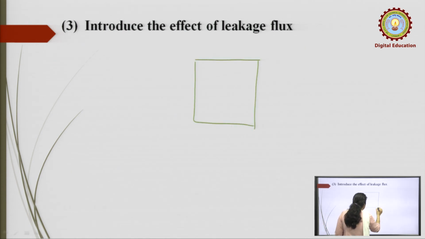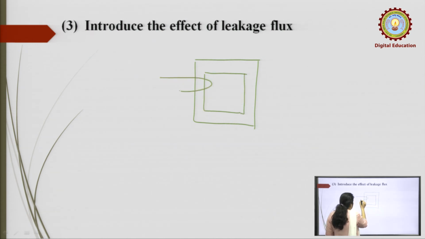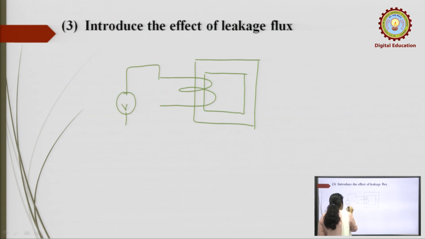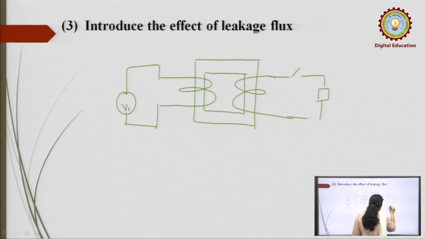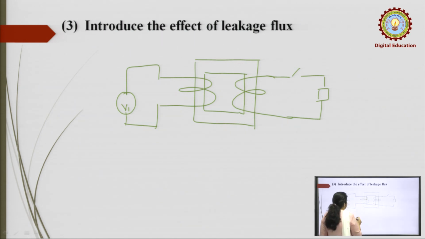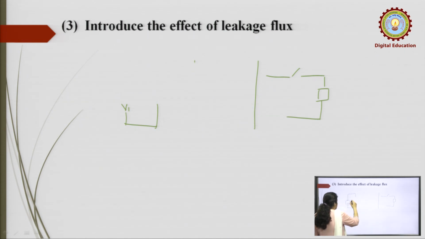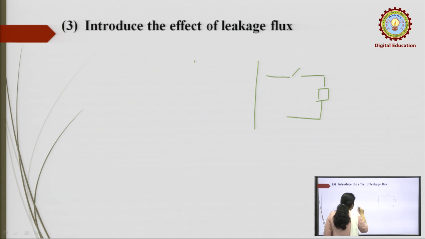Suppose this is V1, this is the switch. Now you eliminate this core, just a second, I will draw the equivalent circuit.